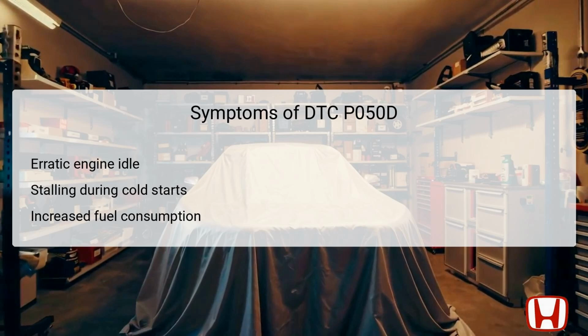Additionally, an engine affected by DTC P050D may result in increased fuel consumption as the vehicle's engine management system struggles to find an optimal balance for fuel-air mixture. These symptoms not only impact the driving experience, but can also raise concerns regarding the vehicle's overall efficiency and performance.